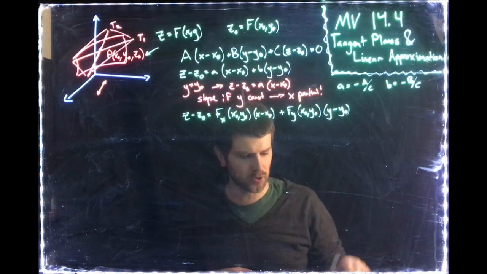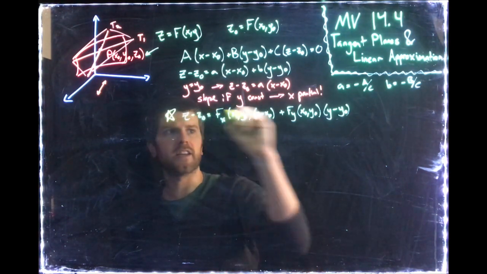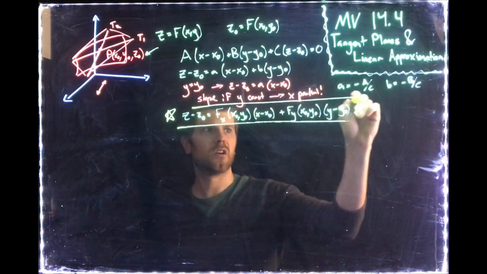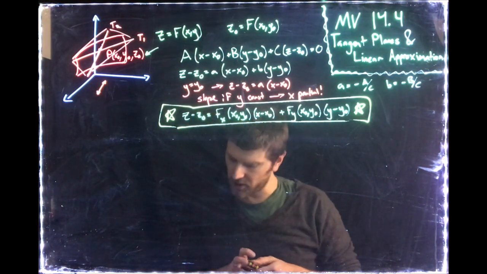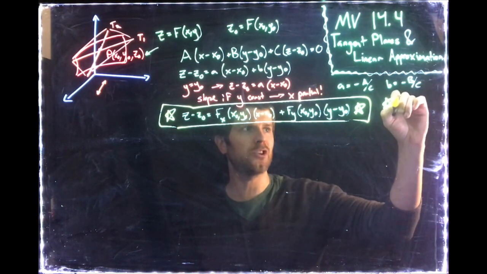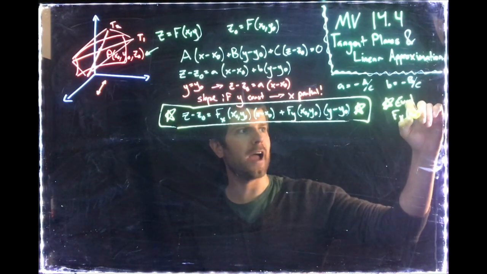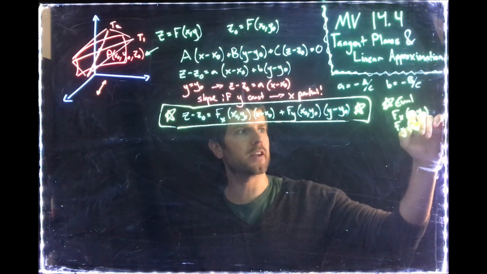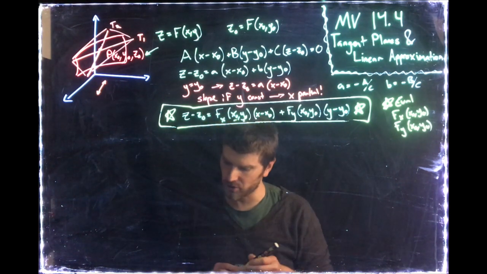And I'm going to give a big circle around this because this is the equation of our tangent plane. Here we've got the x derivative and the y derivative, and I cannot highlight enough that we have to evaluate the derivatives at that point. We are figuring out what the derivatives fx and fy are at the indicated point x0, y0, not just in general. We want a specific number.